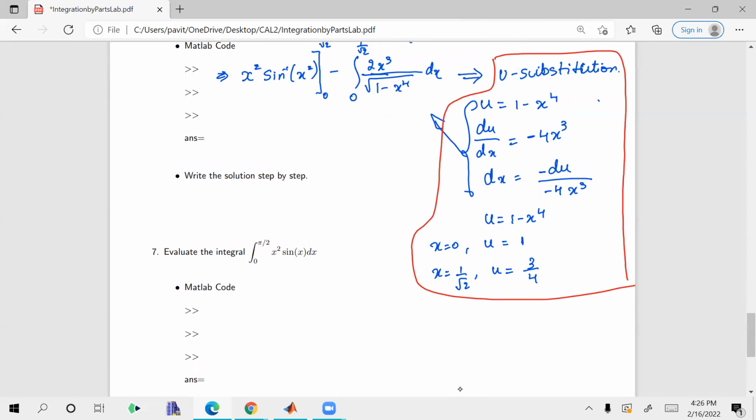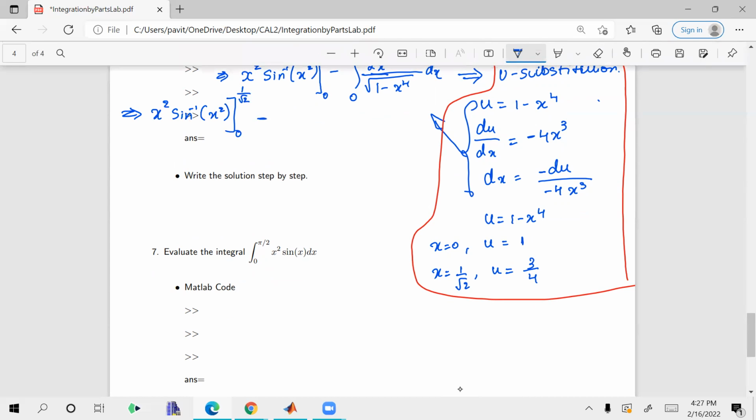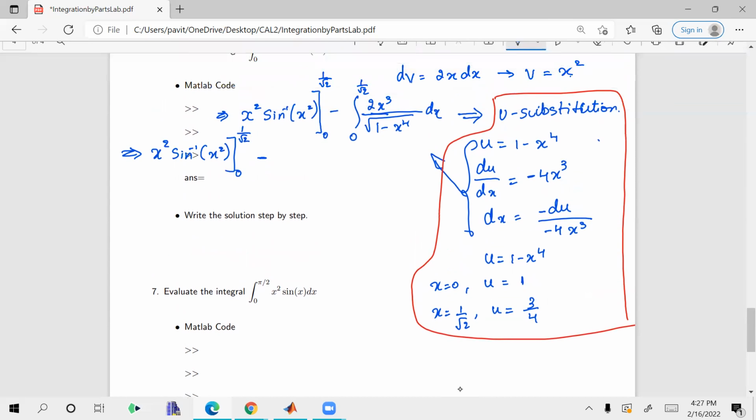Now that we have applied u substitution, let's see the final answer. When you apply the limits, upper limit minus lower limit, let me write this as it is, and then we can apply the limits later on. So this is from 0 to 1 by square root of 2, negative integration.